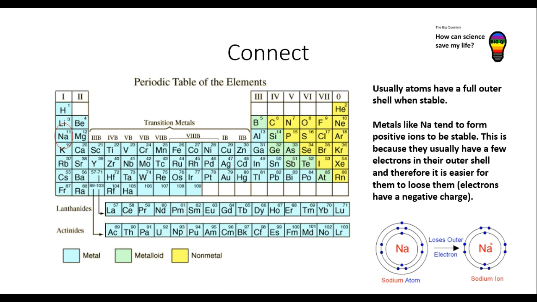As you can see in the diagram, the sodium atom had 1 electron in the outer shell, and since it's quite far away from the nucleus, it's easier for this electron to be lost, and therefore the sodium atom becomes a sodium ion.